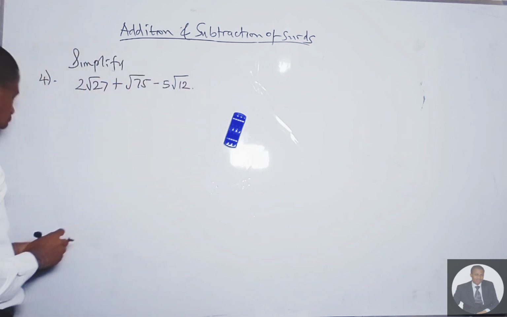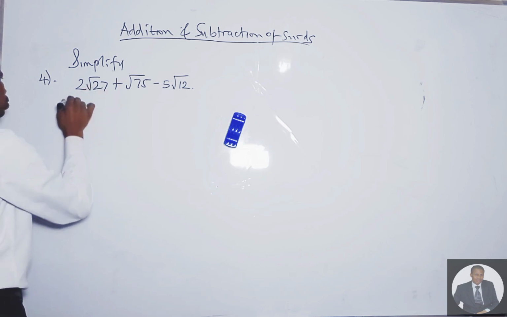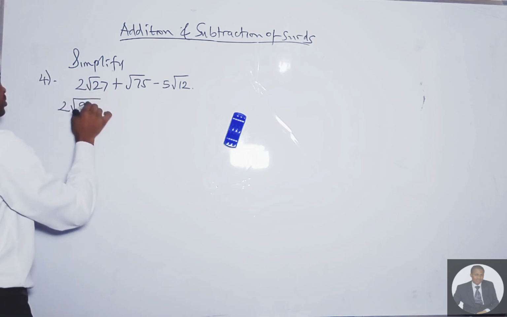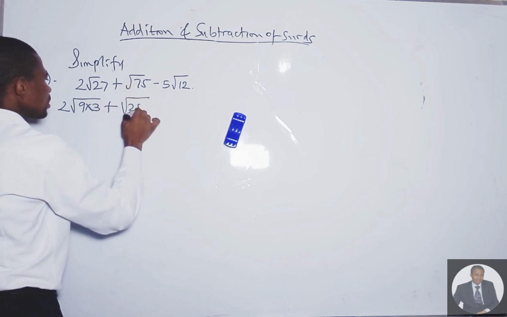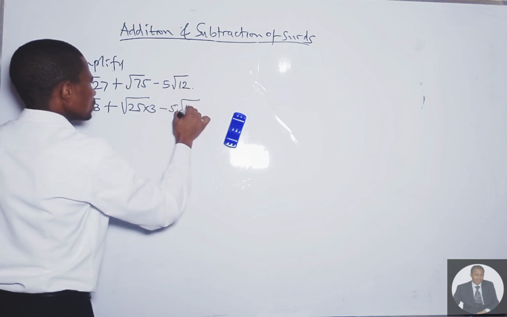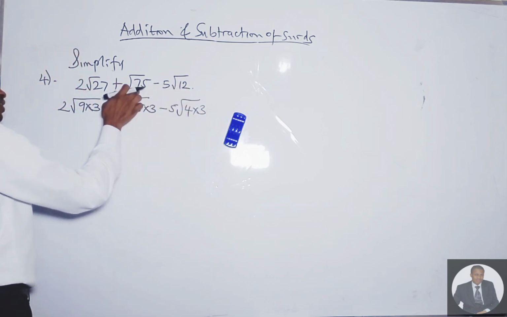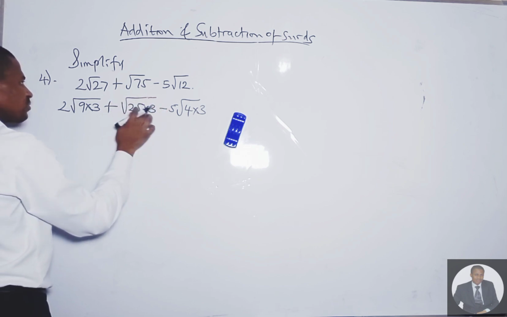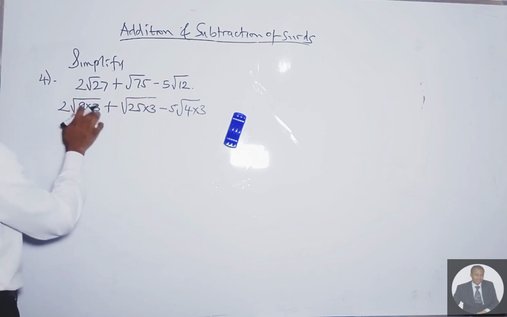How do we solve a question like this? We simplify. Root 27 is root 9 times 3, root 75 is root 25 times 3, and root 12 is root 4 times 3.